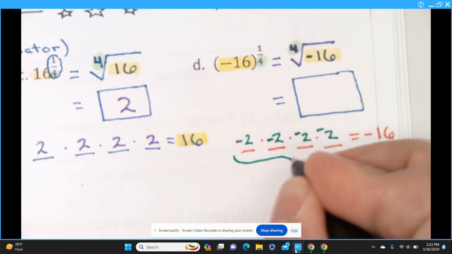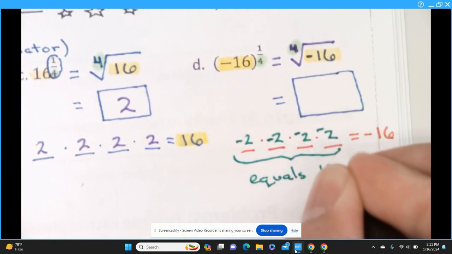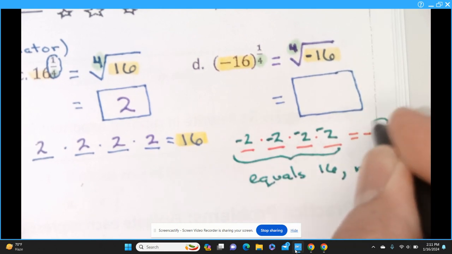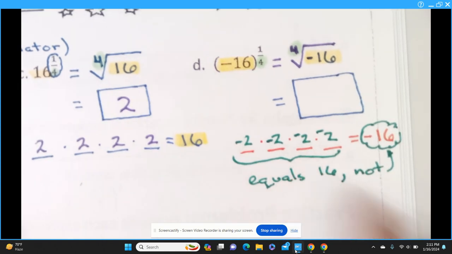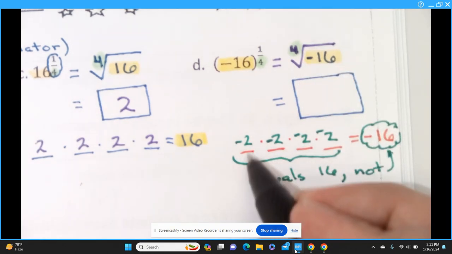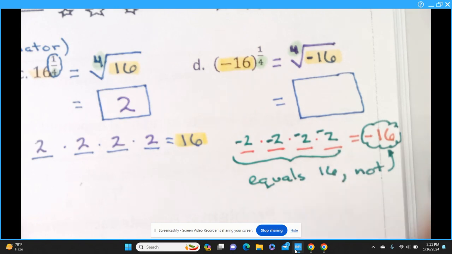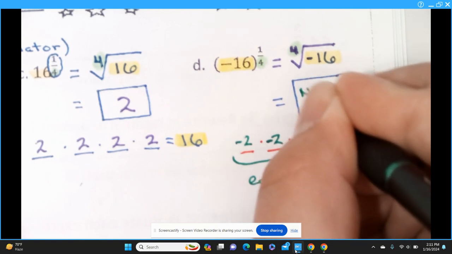This right here actually equals 16, not negative 16. But is there any other number that'll work? The answer is no. There is no way that if you have an even amount of numbers and multiply those with negatives that you will ever get a negative 16. So what you have to understand is that this is not possible. Can't be done.